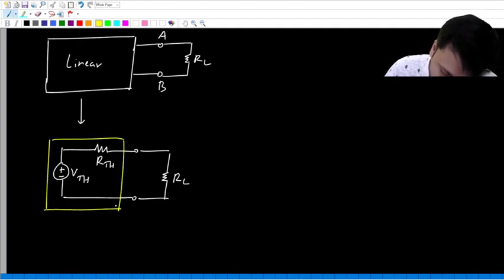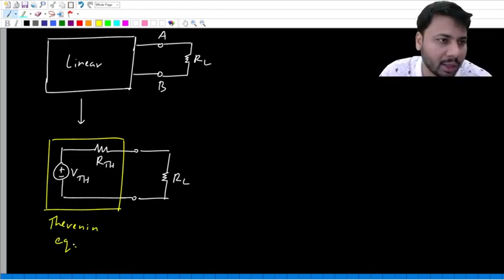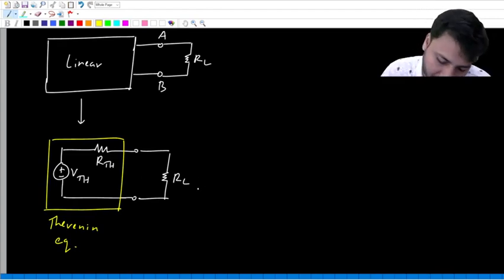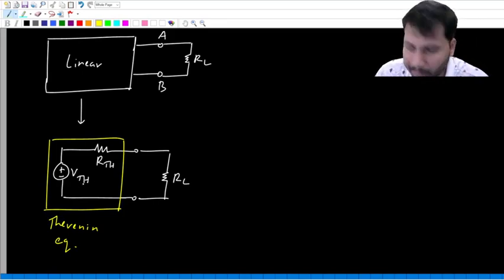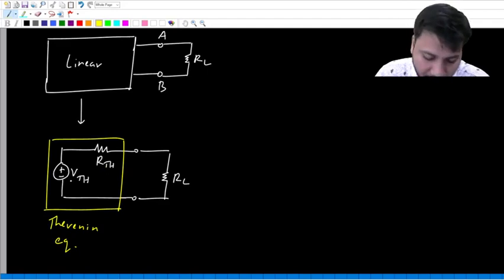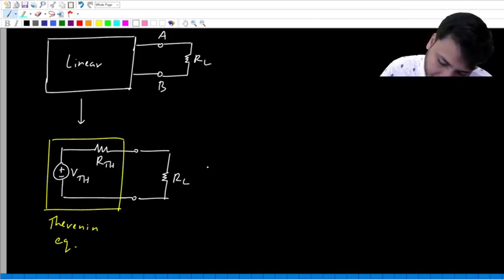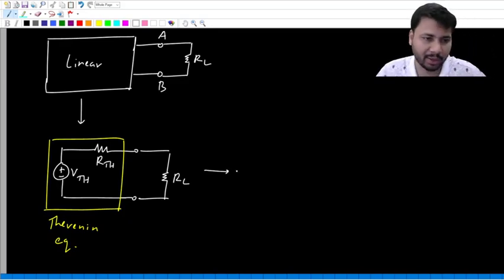So what is this yellow color box? It is the Thevenin equivalent of the original network. What is inside the yellow color box? A voltage source in series with a resistance. Going back to source transformation, if you have a voltage source in series with a resistance, and you are interested in voltages and currents outside this combination, you can transform it into a current source in parallel with the same resistance.